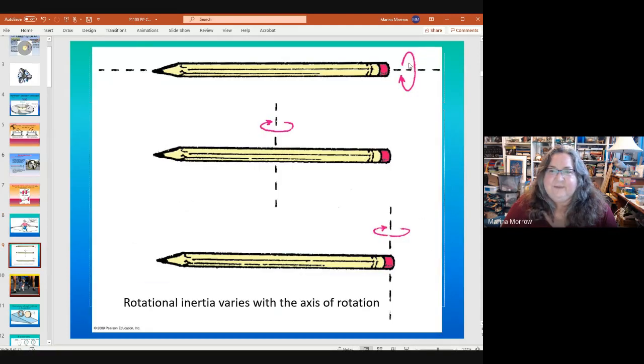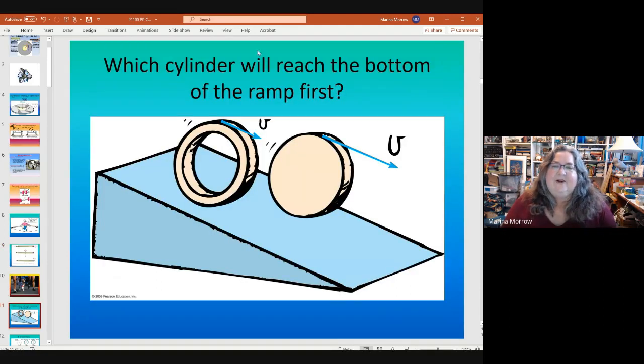So you can try it with a pencil. It's a little difficult to tell, but yes, it is easier to rotate in some directions than others. Now, one of the things is that scientists have figured out mathematically which objects should be easier to rotate and which should be harder to rotate. So here we have a solid cylinder on the right, and we've got an open cylinder or hoop on the left.